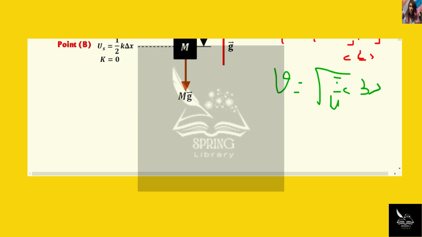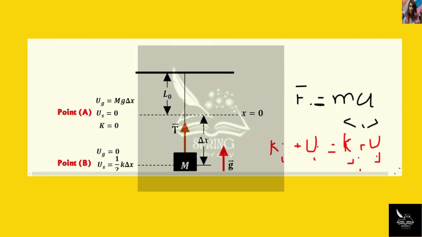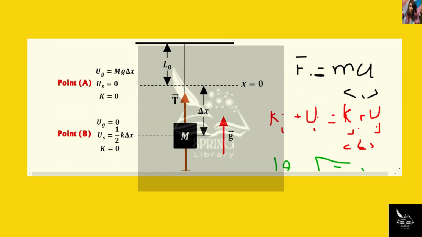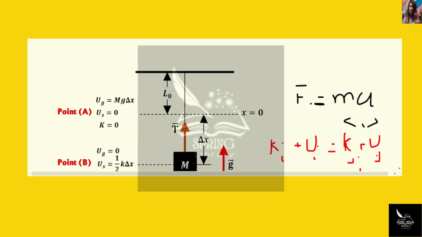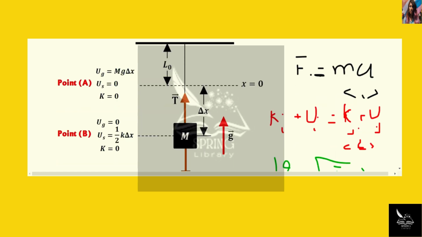Here the given data are: mass of the block is m, unstretched length of the cord is L0, mass of the cord is m, and force constant of the cord is k. Now the required data: in part A, we are asked to find the tension T in the cord at the lowest point B. In part B, we are asked to find the length L of the cord in the stretched position.